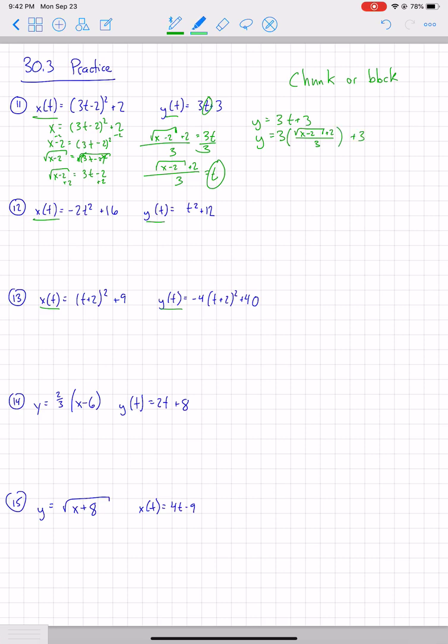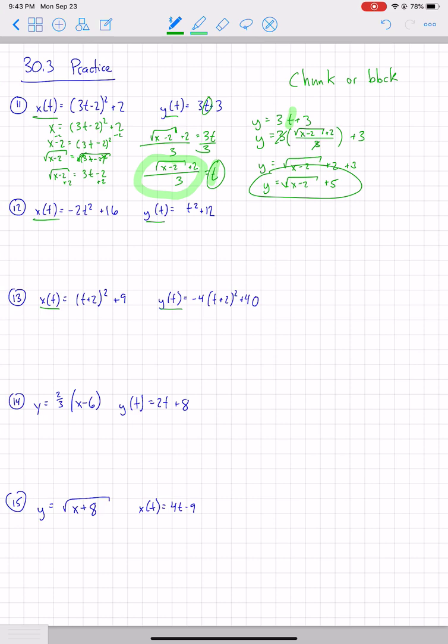Because we're taking this t and we're substituting all of that in for it. So lucky enough, these 3s cancel out, so we get y is equal to the square root of x minus 2 plus 2, and then that 3 comes down, and then we can just clean it up a little bit, so the square root of x minus 2 plus 5. So that is what we will get. That's our rectangular function for number 11.